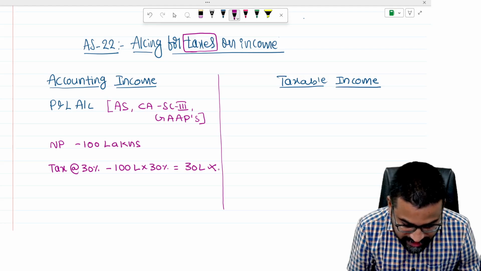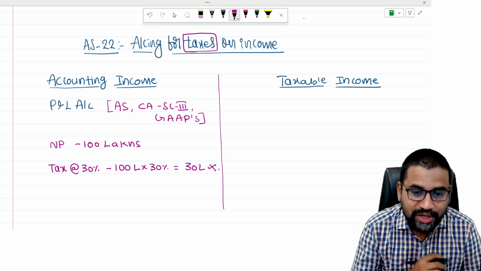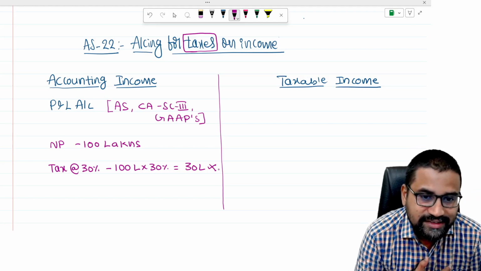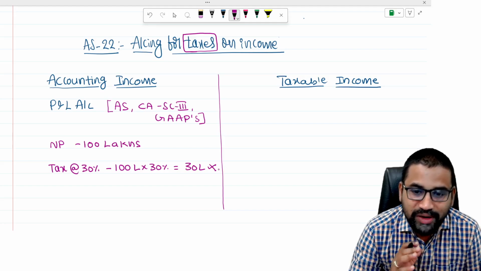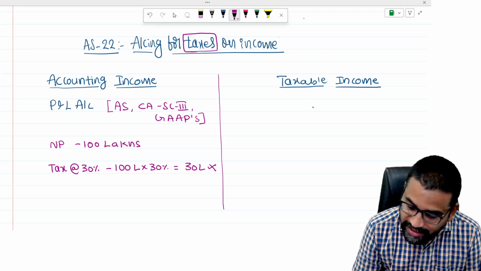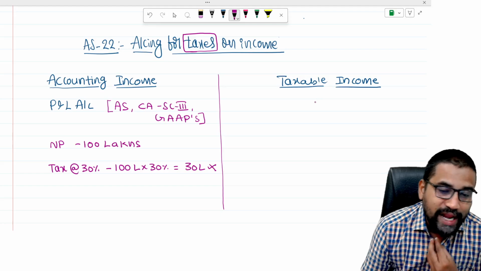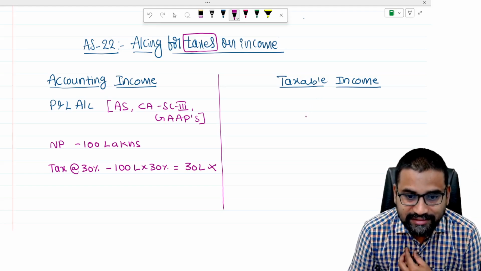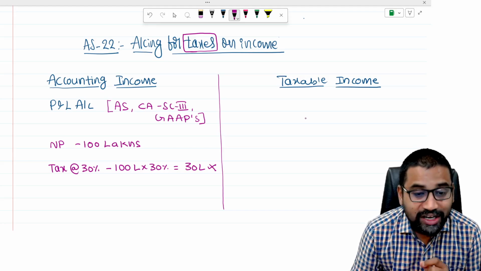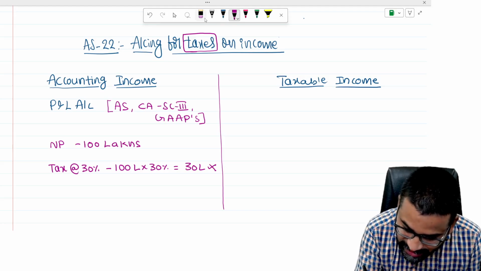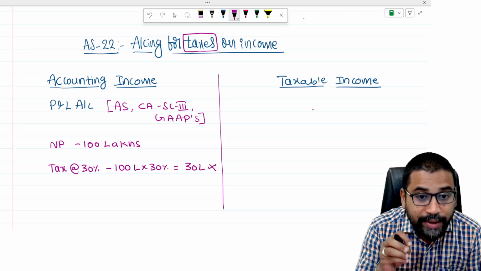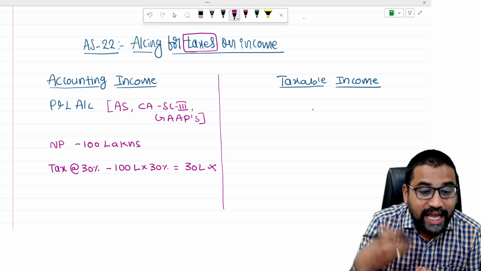So see here, for example, my net profit as per P&L account is 100 lakhs. Now can I pay tax directly on this 100 lakhs? Answer is no. Government will not accept. Sir, why will they not accept? Because they have brought one act called the Income Tax Act. By following that act only, you need to compute your taxable income. So what is taxable income? Taxable income means the income based on which you need to pay tax to the government.